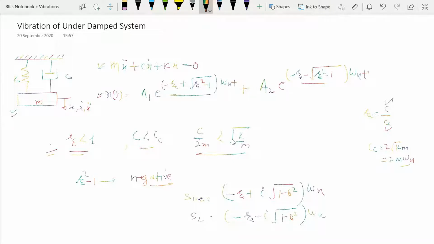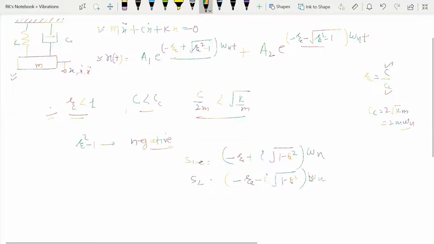So if zeta is less than 1, then the roots of the auxiliary equation will be complex. By visualizing these roots, if the roots are in complex form, then we can say the system is an underdamped system.